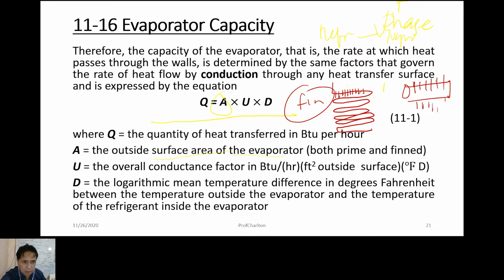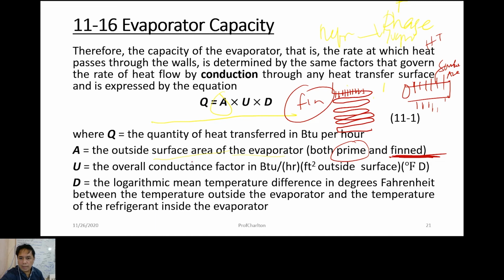So the purpose of the fin is to increase the surface area so that the heat transfer becomes more efficient. Now, fin tube. So A is the area of the outside surface of the evaporator, both prime and fin.